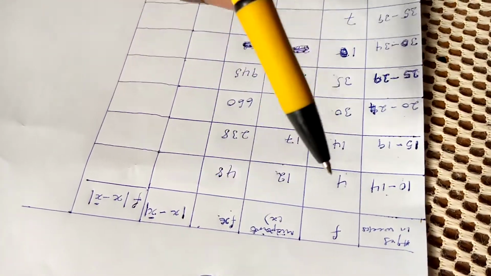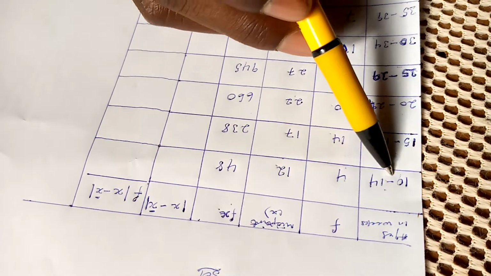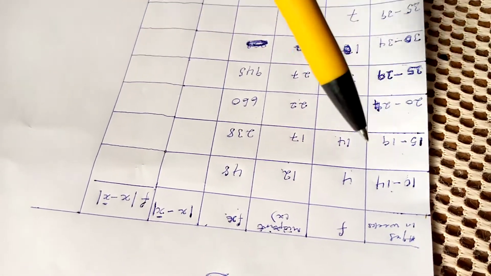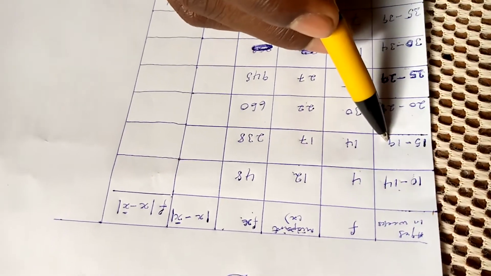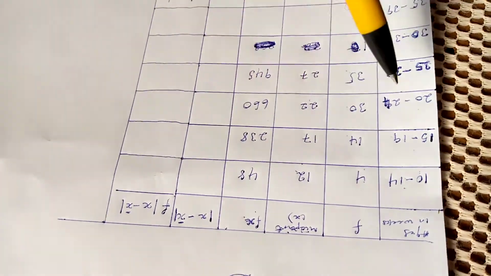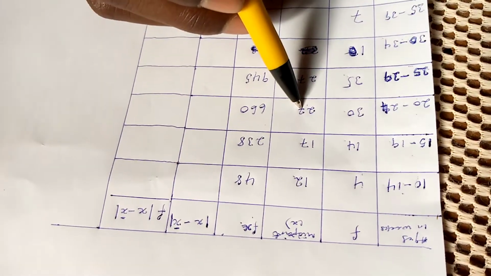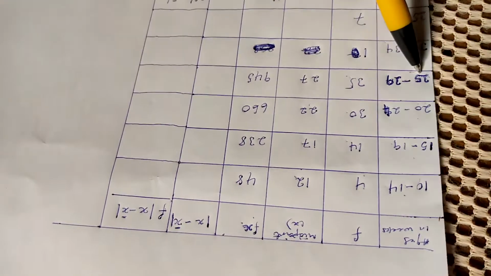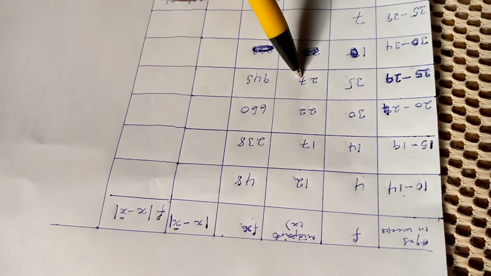This is called midpoint. That is when you add these two, 10 plus 14, that is the lower class plus the upper class, divided by 2. You have to add these two, that's 15 plus 19 divided by 2, you have 17. 20 plus 24 divided by 2, we have 22. And 25 plus 29 divided by 2, we have 27 of them.